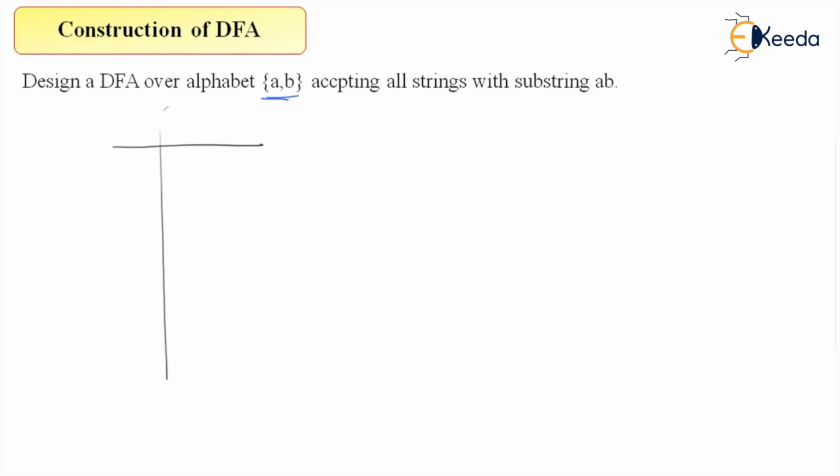So this is a QS start state, and your input alphabet is A and B. Now substring AB means AB is essential. AB must be present.